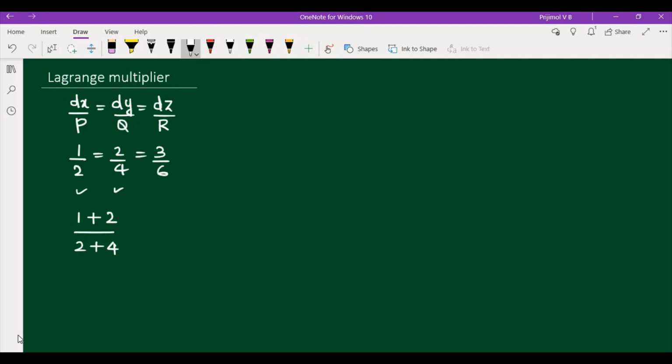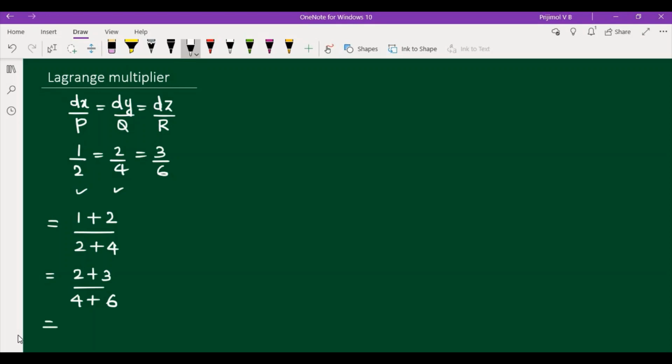So this ratio is also equivalent to 1 plus 2 divided by 2 plus 4. Say I am adding the second and third ratio. So 2 plus 3 divided by 4 plus 6, which is again 5 by 10, which is again 1 by 2. So all these ratios are also equivalent to this ratio.